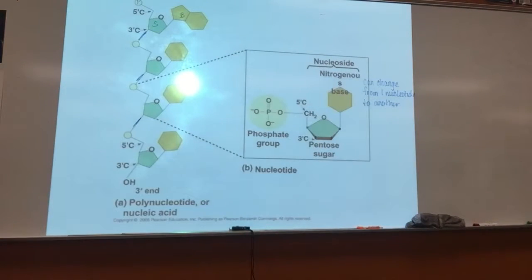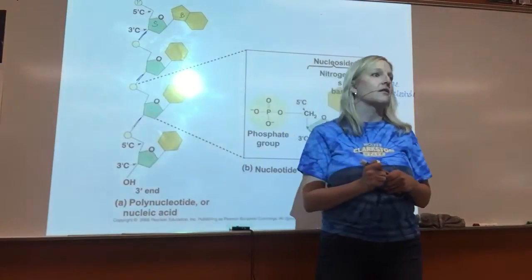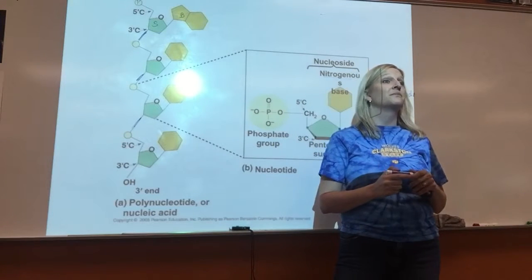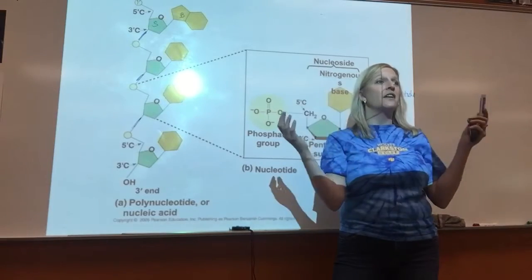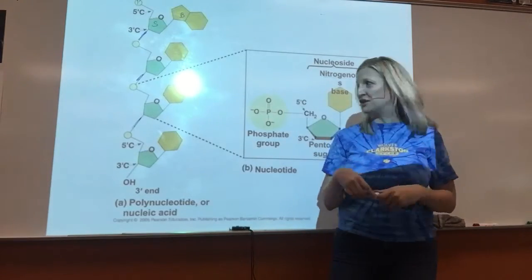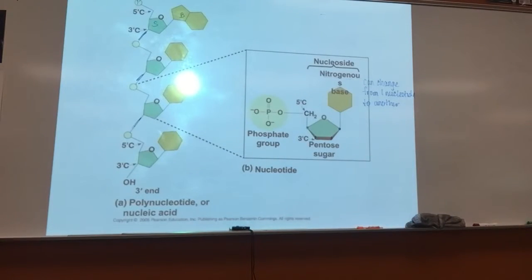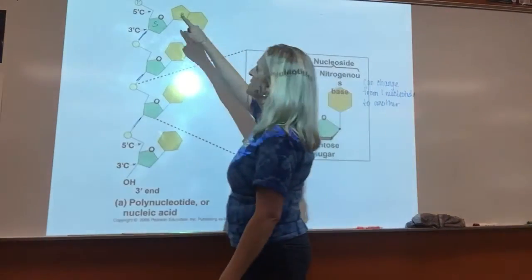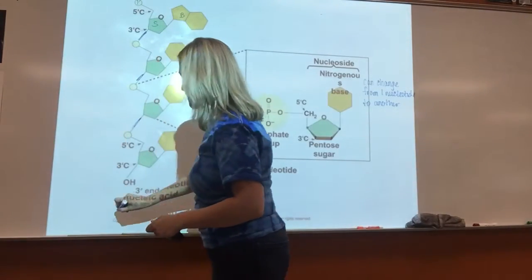And so this is a polynucleotide. Where I highlighted these lines, what do you suppose happens there to hook them together? OH and H leave, and we call that dehydration, right? So we hook them together just like all the other molecules that we've talked about. Let me just point out, they call this the 5' end of the chain and this the 3' end.